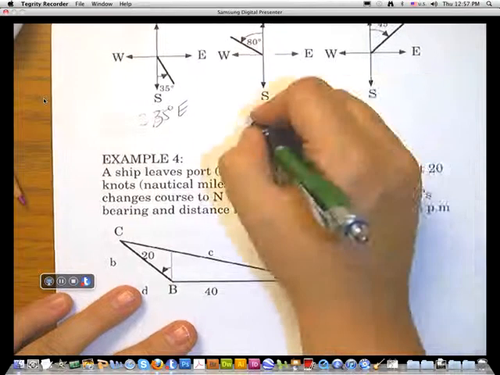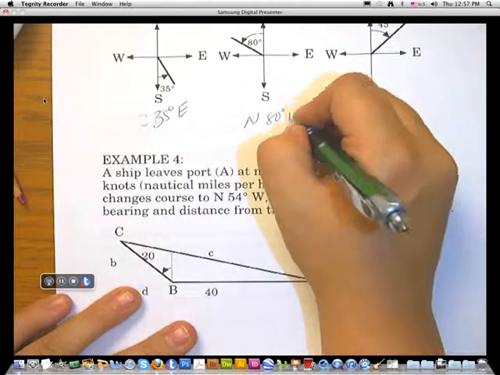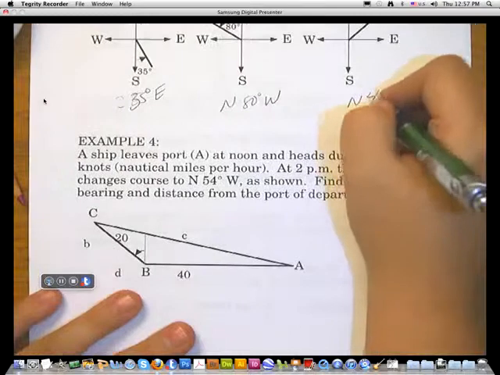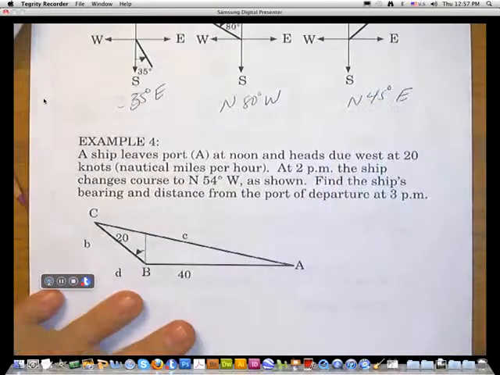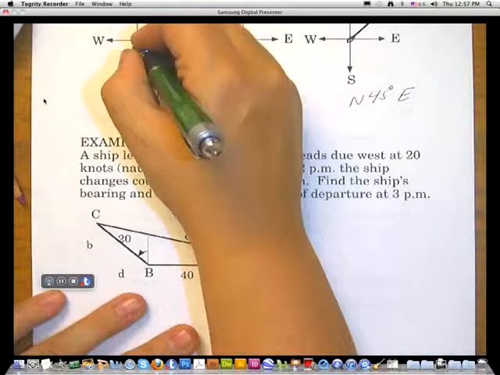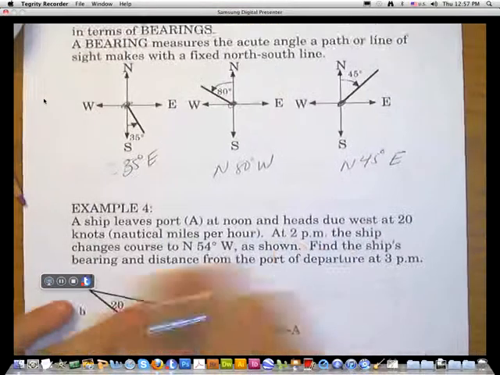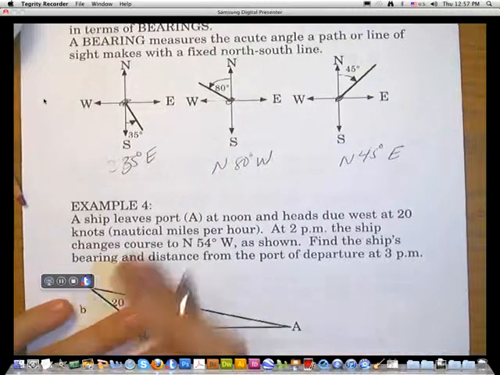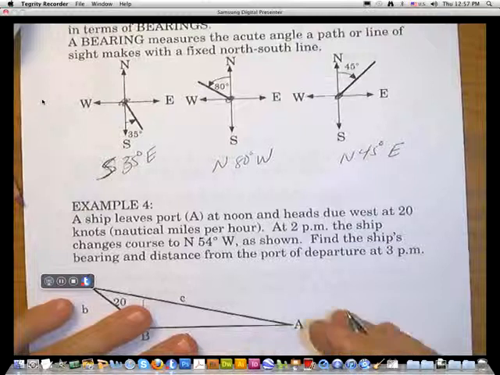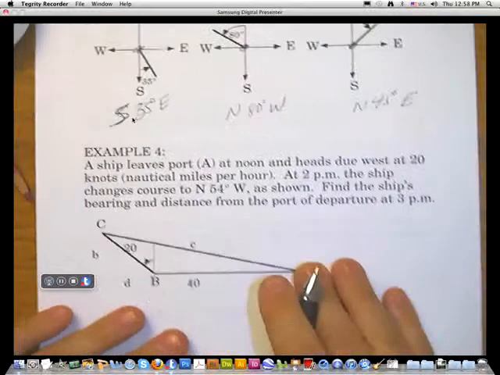This is going to be north 80 degrees west, north 45 degrees east. All of it is off of an origin, so you must have an origin. You always read your north-south first, the degree, and then whether you go west or east.